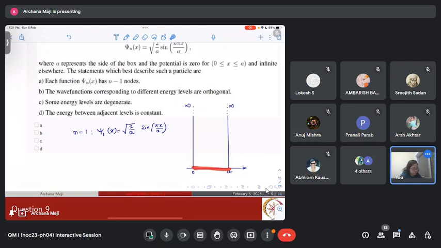Whatever value you put, suppose A over 4, you will get sin(pi over 4). Is that 0? No. Likewise, if you put A over 2, it will be sin(pi by 2). So it will never be 0. The ground state wave function then looks like this. There are no nodes, meaning for n equal to 1, the number of nodes is 0.